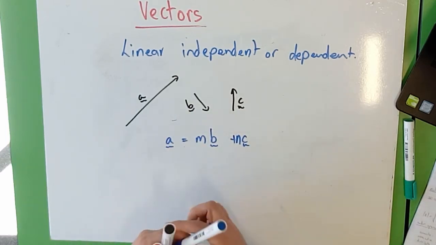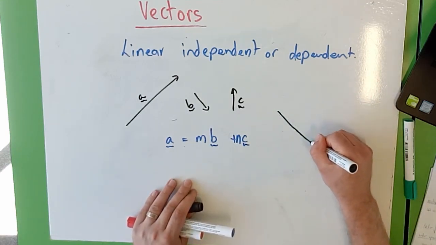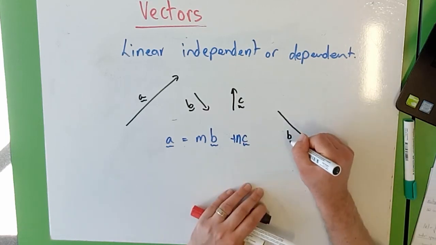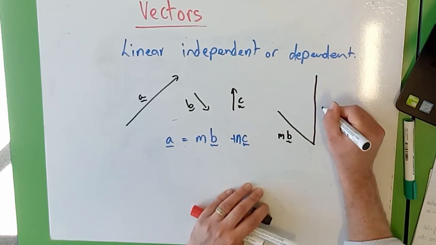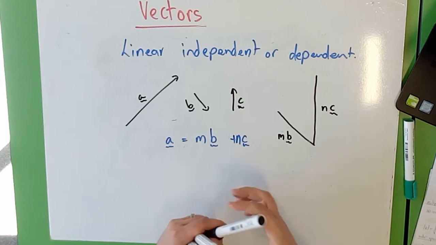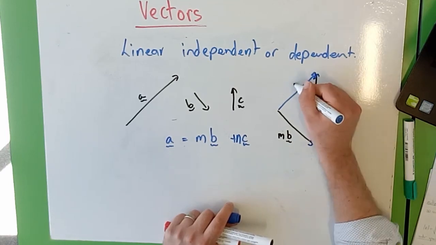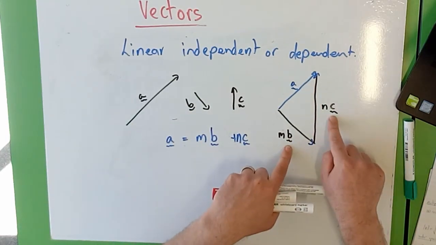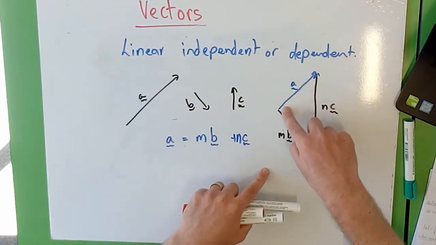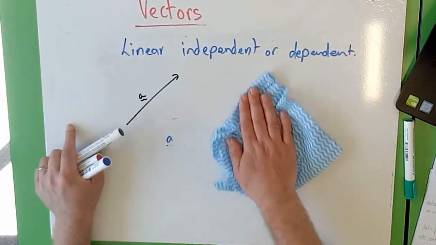So if I start with B and stretch it out a bit, that's my stretched out B, and I stretch out C enough, that's my C, I'm going to be able to get my vector A. I haven't drawn that very well, but you get the idea that a combination of these, either stretched out or shrunk, can give me that vector. So that's linear dependence. If you can't do that, then the vectors are linearly independent.